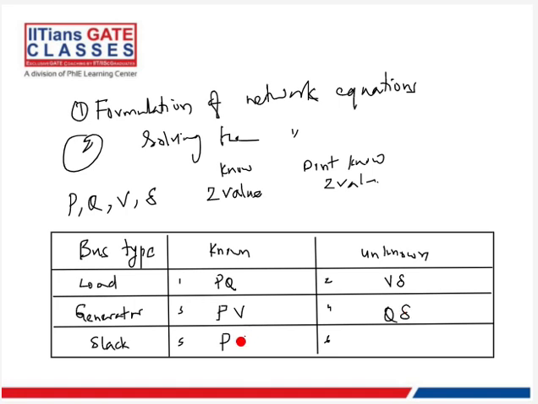And this is the slack bus, where we don't know P and Q. So here we know V and delta. Is that clear?